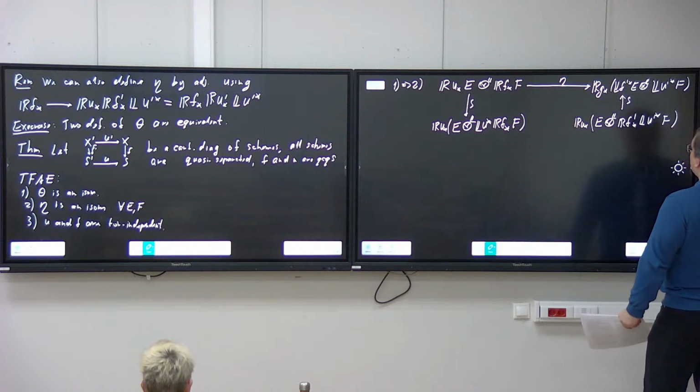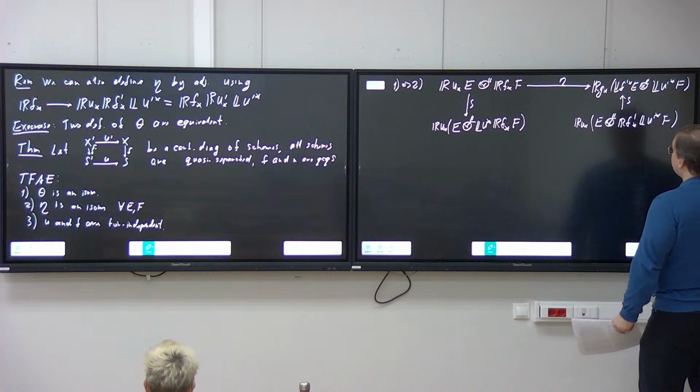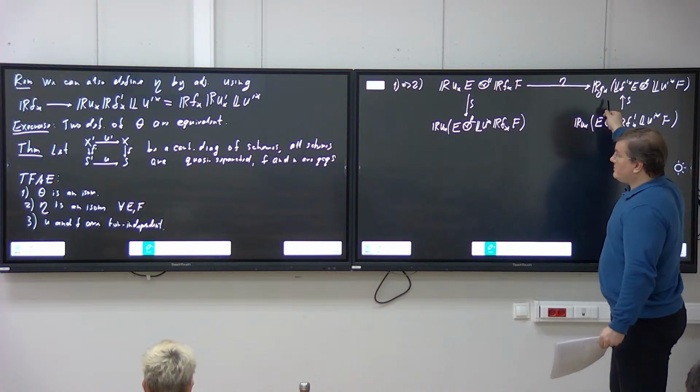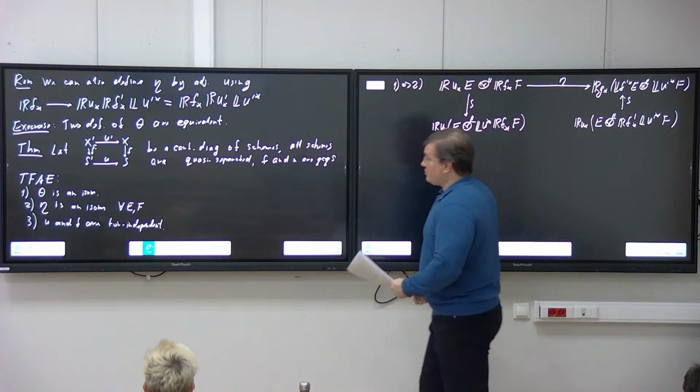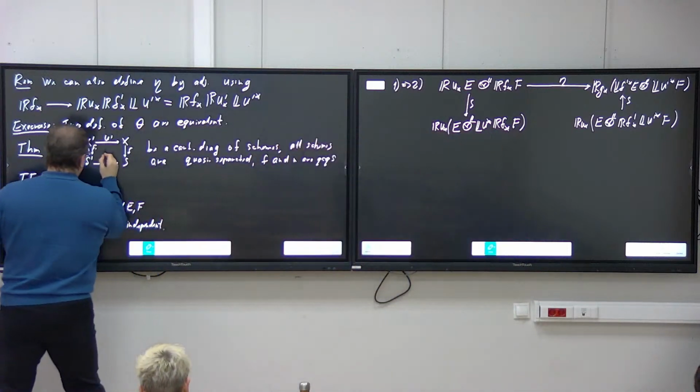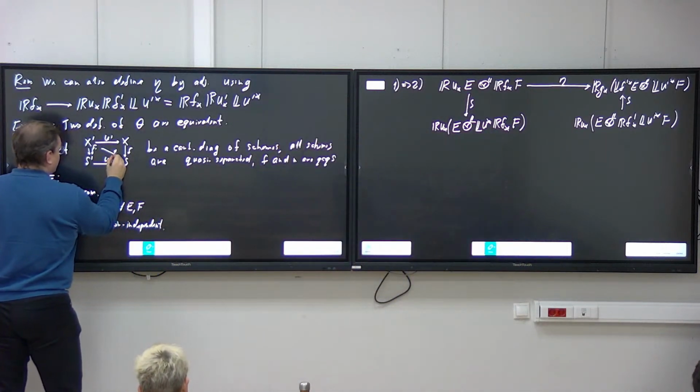To understand this, I take this map G and look at the diagram. Remember that the map G is just the composition in this diagram.